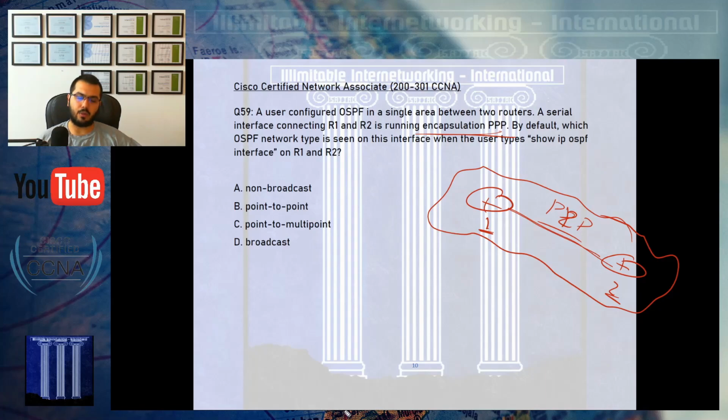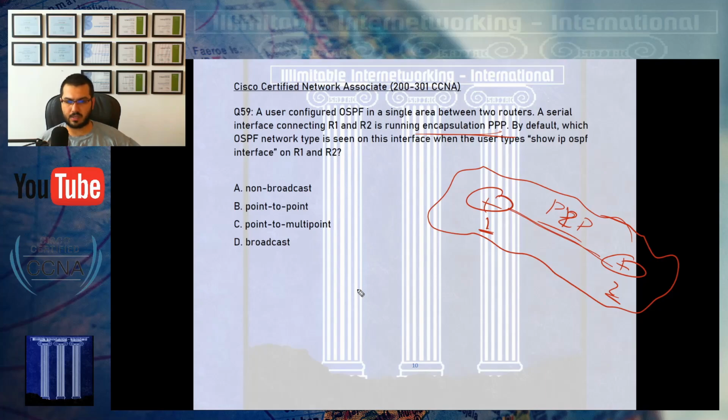You see, just like an old video where Cisco asked about EIGRP, and EIGRP was removed from the CCNA, in this video Cisco asks about PPP, and PPP is also removed from the new CCNA. Maybe they are mentioned in the book. I haven't completed the book entirely, page by page, but mostly PPP is mentioned in the book.